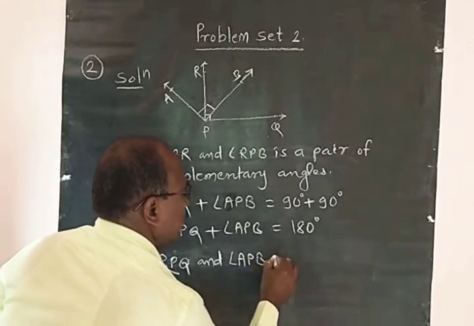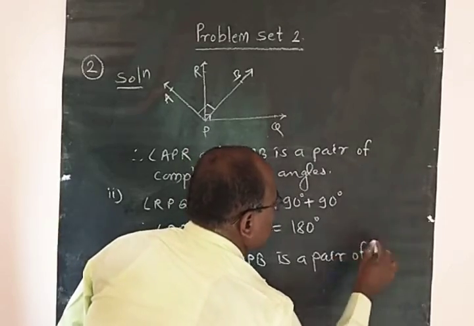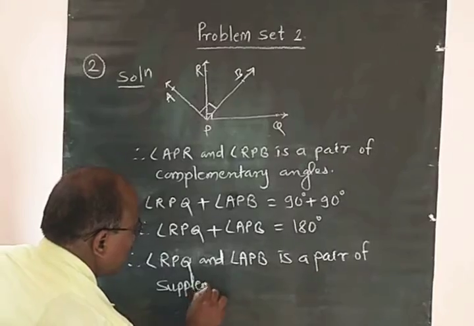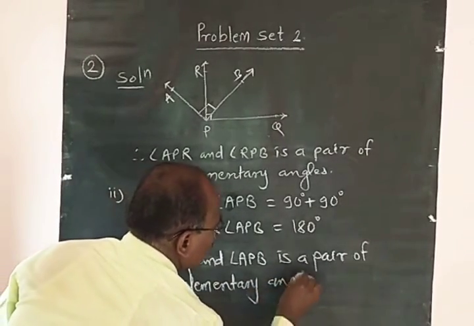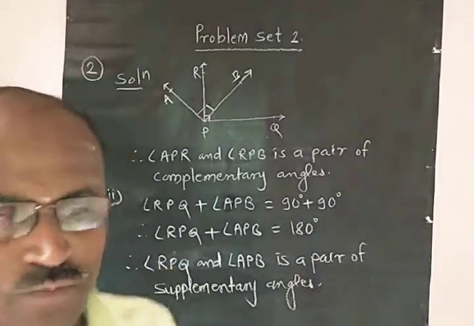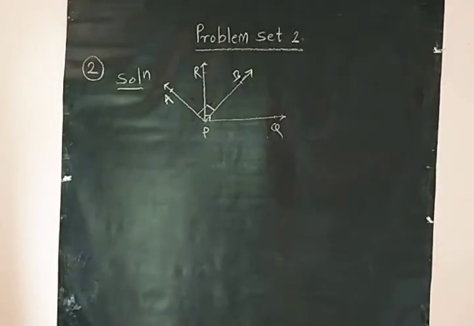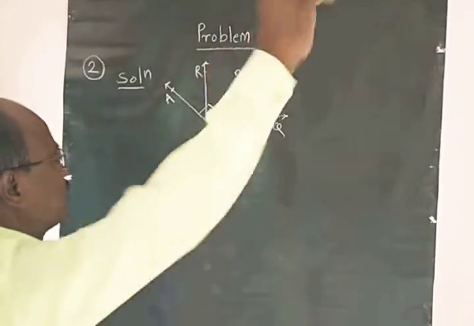So here therefore angle RPQ and angle APB are a pair of supplementary angles. Okay, this is the second one. Next, third one, a pair of congruent angles.